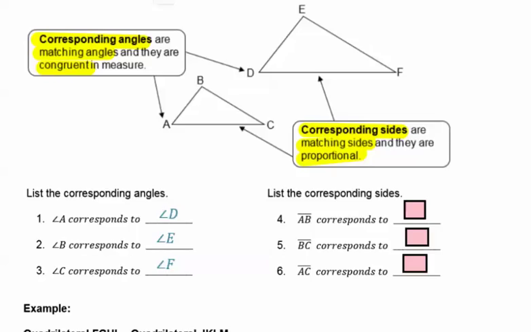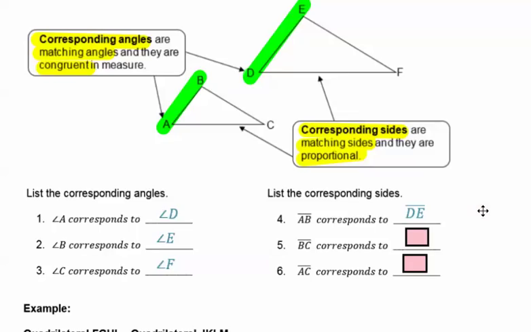those up. So let's get out our highlighters. AB. We need to be very, very careful, and we need to make sure that we go in a certain order. A matches D. Who does B match? B matches E. So we need to say that AB corresponds to DE.